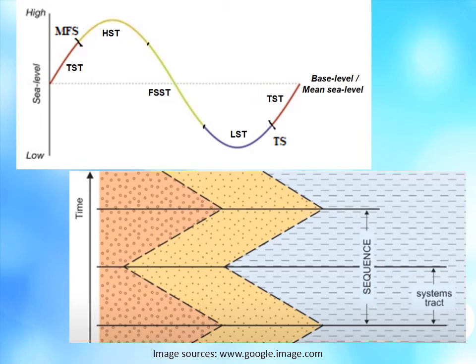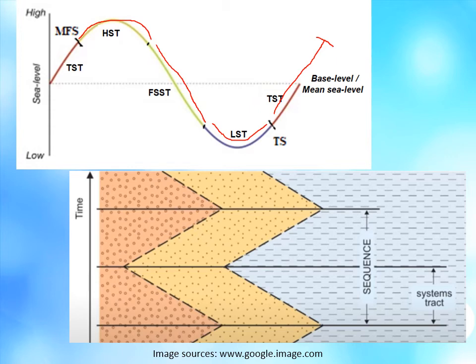From our previous discussions, we know about the defined system tracts. This is HST, then FSST, the falling stage system tract, then LST, and then TST up to the onset of HST. So with this sea level change curve, we can see the change in sedimentation and the nature of the sedimentary rock record.